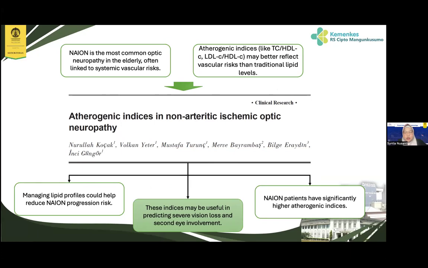Managing lipid profiles right now, because we found that 100% of our patients are dyslipidemic, may help to reduce the progression risk of NAION. Right now we have another study on the atherogenic index in our patients, but the result is not in yet.